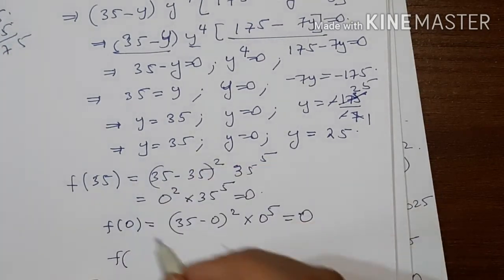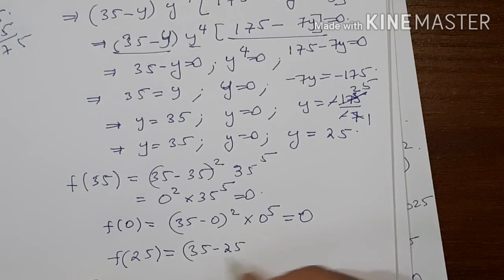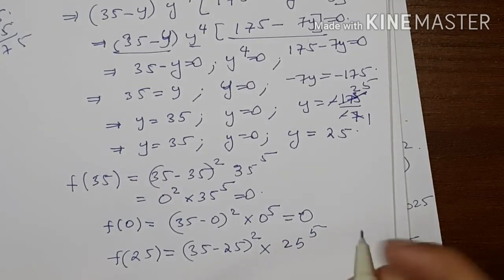Okay, then f of 25. So this will be what? (35 minus 25) the whole square multiplied by 25 raised to 5. Okay, this is the value, right?